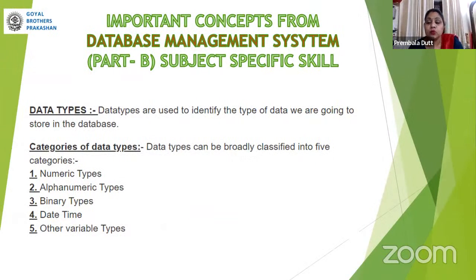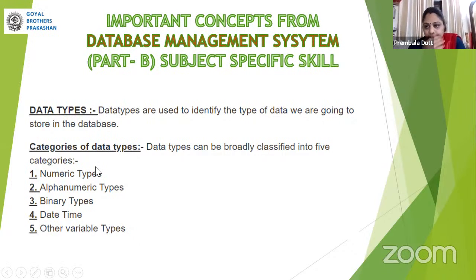the data types, that is, what all types of information are being stored under each column. If I say name, it will obviously be a string value. If I say roll number, it will be a value which is not holding any decimal value. If I say date of birth, it would be a date. If I say time, it would be date time.